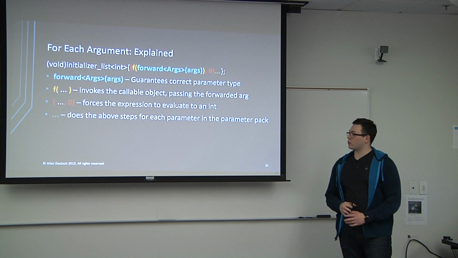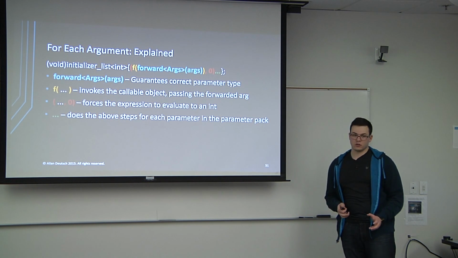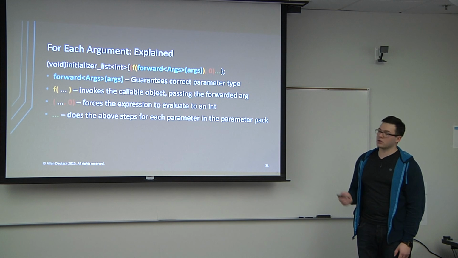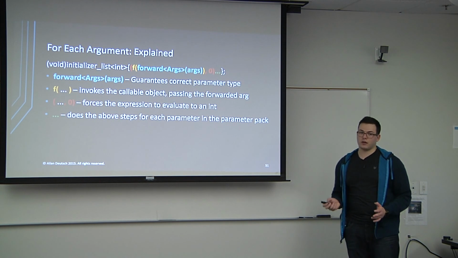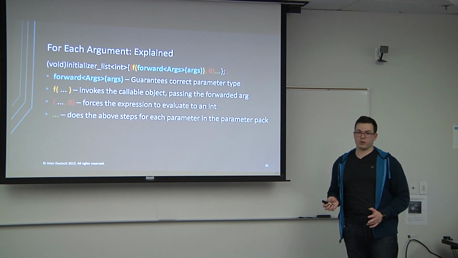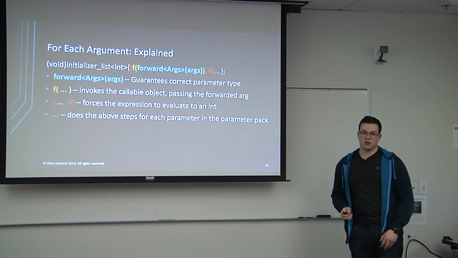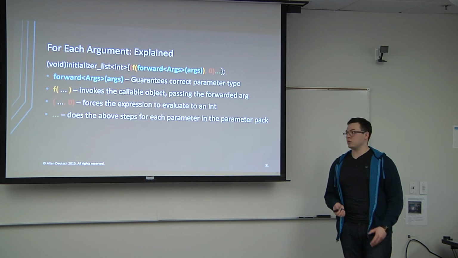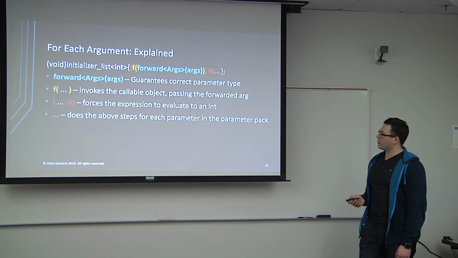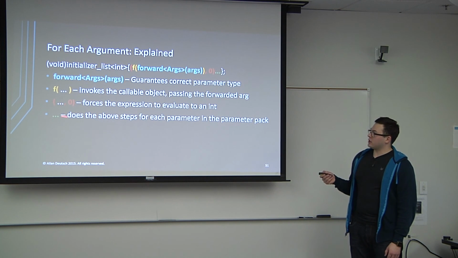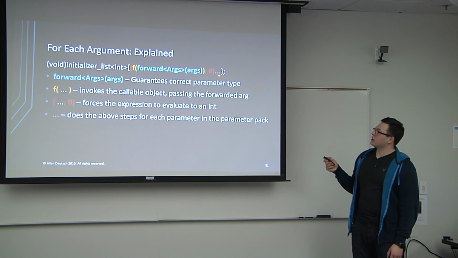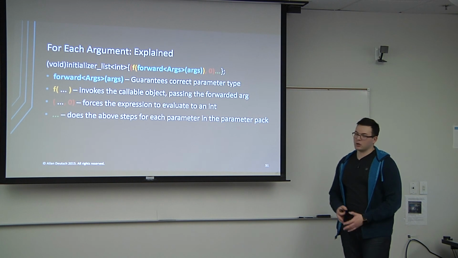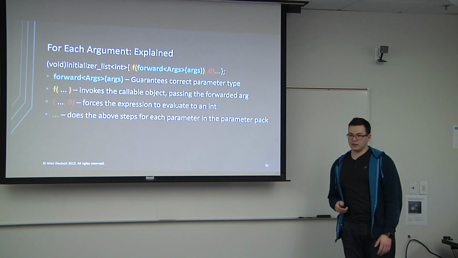What that does is force the expression to evaluate as an integer. Since we're expanding inside an initializer list of ints, all of the expressions have to evaluate to an integer somehow, right? So even if your Lambda returns something, that expression still has to evaluate to an int. So that's what the comma 0 is for. And then at the end, we have the dot, dot, dot, which is in green here. That causes the steps to happen for each of the arguments that were passed in.